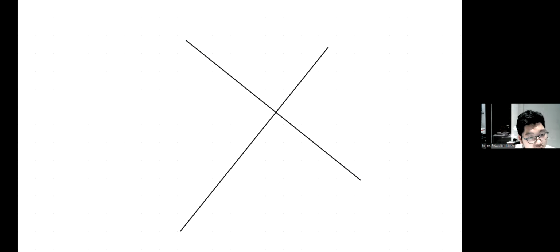And as you can see, geometrically speaking, these two lines have the same length. Since these two lines have the same length, then this is a perpendicular bisector, geometrically speaking.